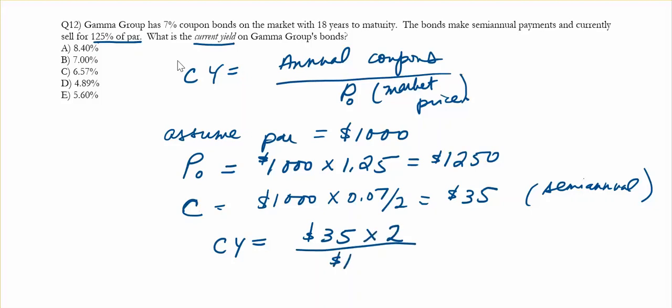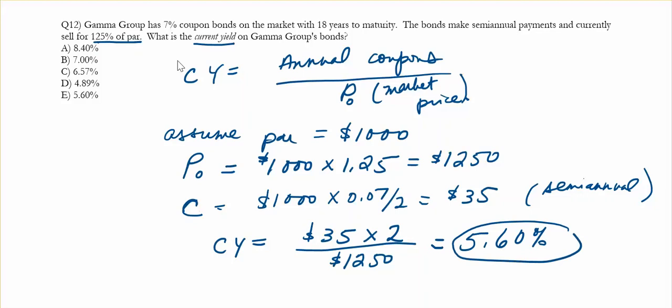The price today is $1,250, giving us 70 divided by 1,250, 5.60%. And we see it's option E. Again, the $1,000 we could have made $100 par, $10 par, $1 par. We would have gotten the same answer because this will be the same current yield per $1 of par.